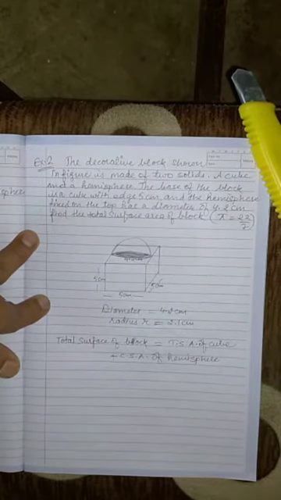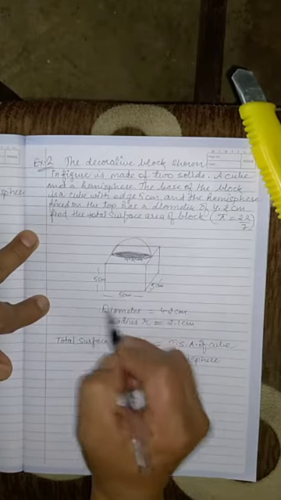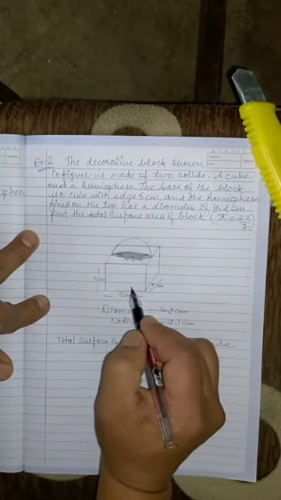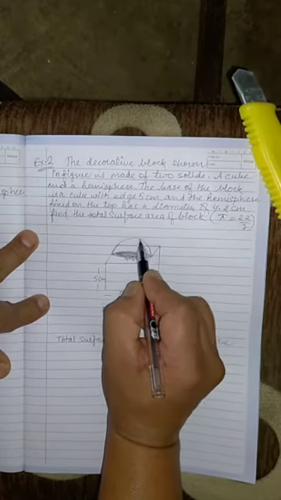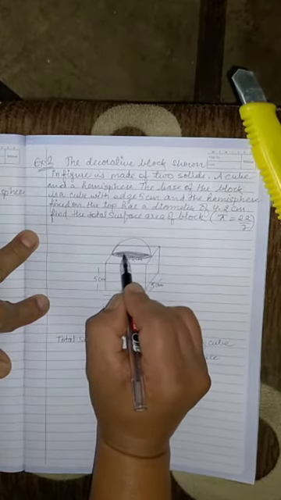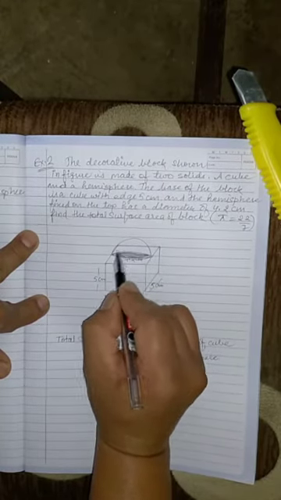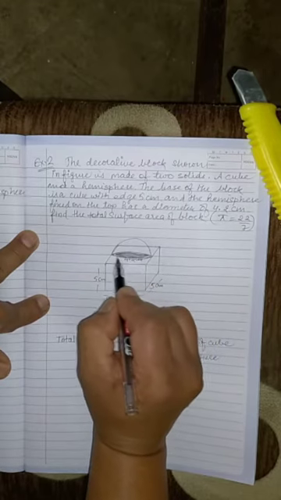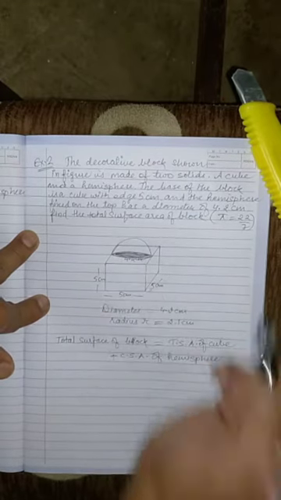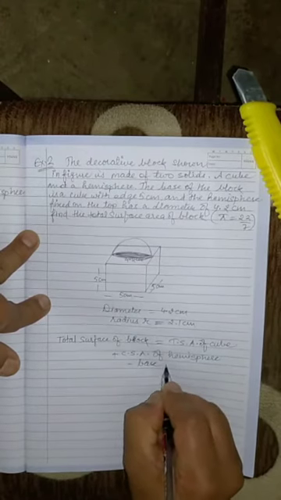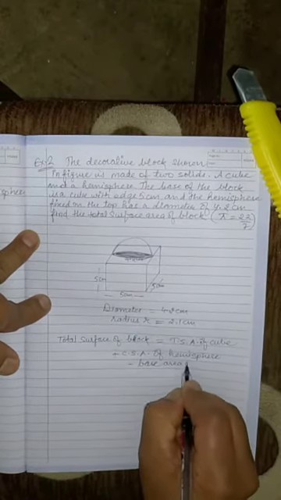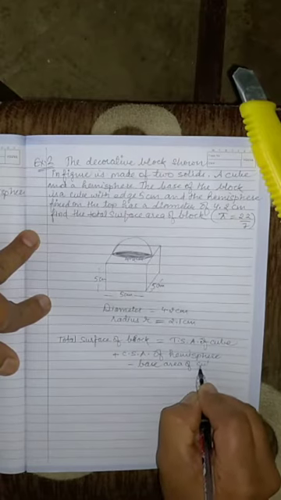So this part we have to remove. So total area of the block will be total area of the cube plus this area of hemisphere, which is curved surface area of hemisphere, and this portion which is covering the top of the cube will be removed. So minus base area of hemisphere.